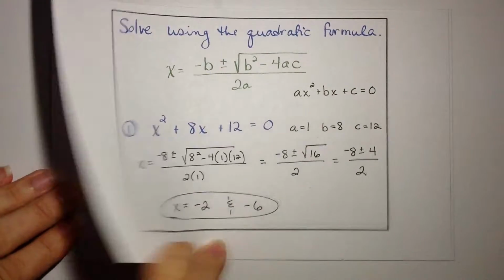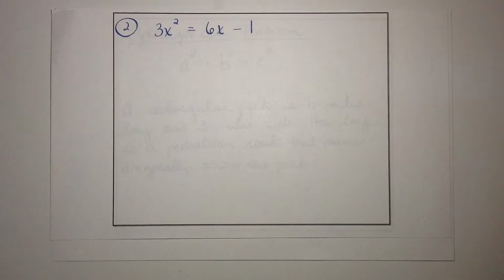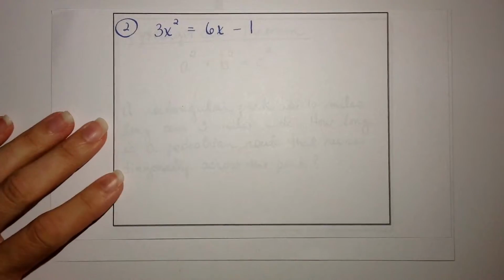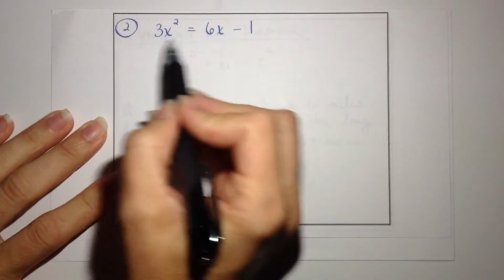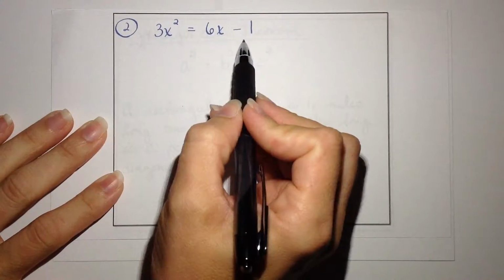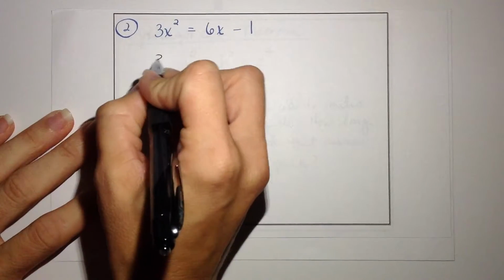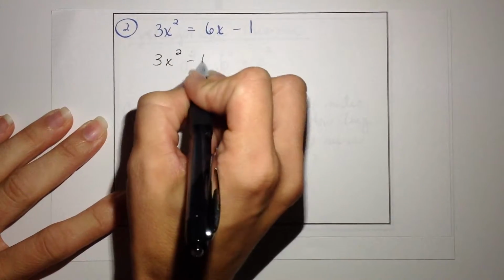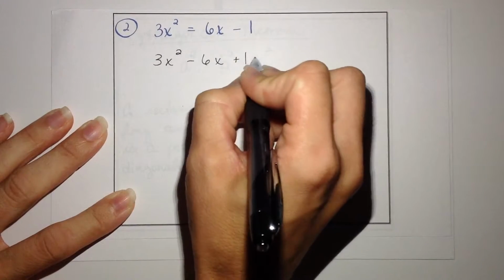Okay, next one. All right, now on this one, first of all, before I identify A, B, and C, I need to get it in the correct form, the standard form that we had talked about before. So you can get 0 on either side, it doesn't matter. I'm just going to shift everything to the left. So I have 3x squared minus 6x plus 1.